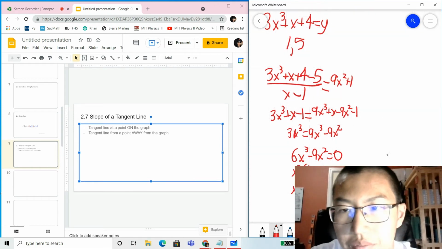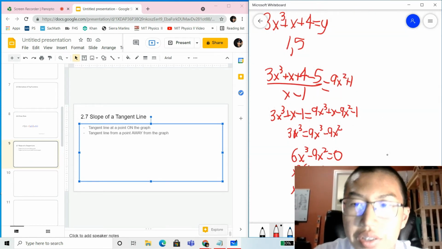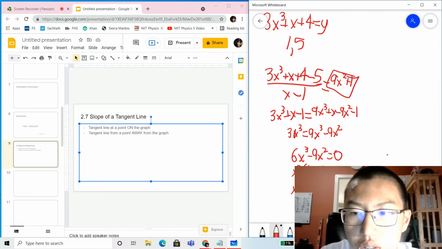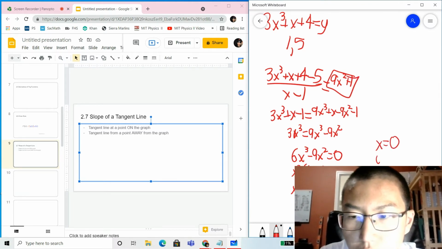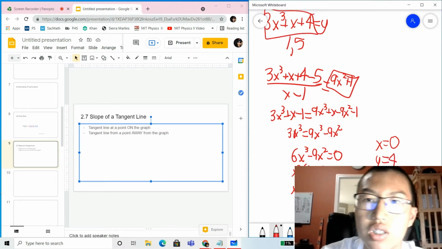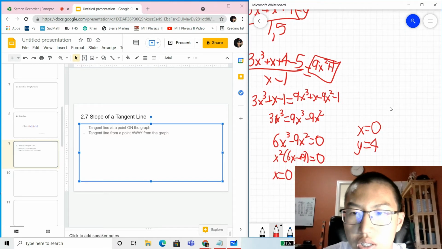But here's the thing. When x is 0, y is 4, because you plug it back into this little equation. And you get y equals 4.